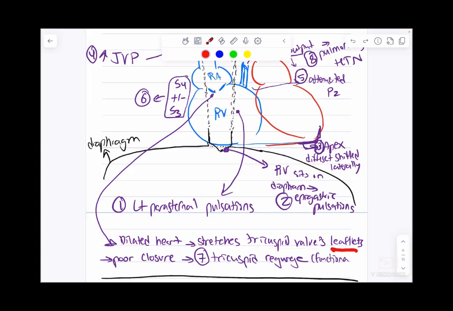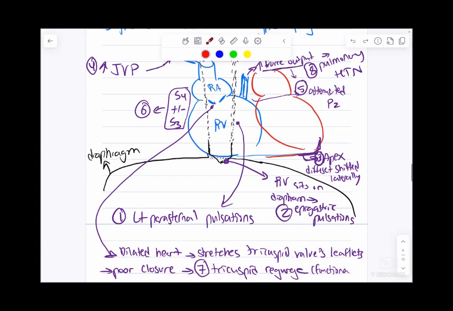The leaflets of the valve stretch, which causes poor closure. It's not able to close properly anymore to stop the blood from coming back. And this causes regurgitation. So the blood, instead of being trapped up in the atrium before the ventricle pumps, leaks slowly, and this can be heard over the tricuspid area.